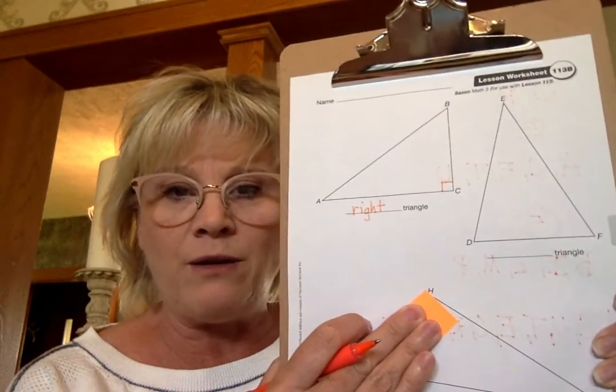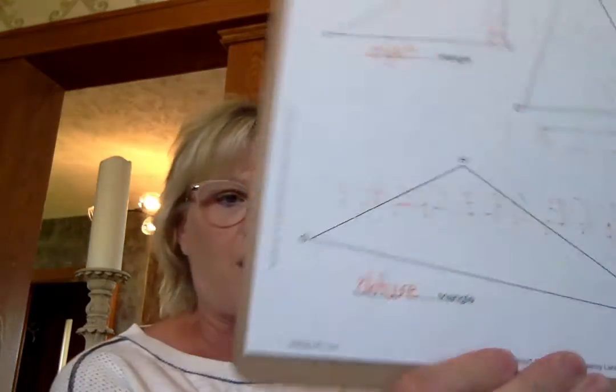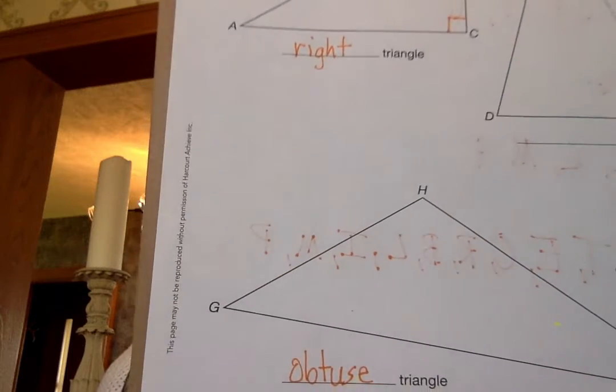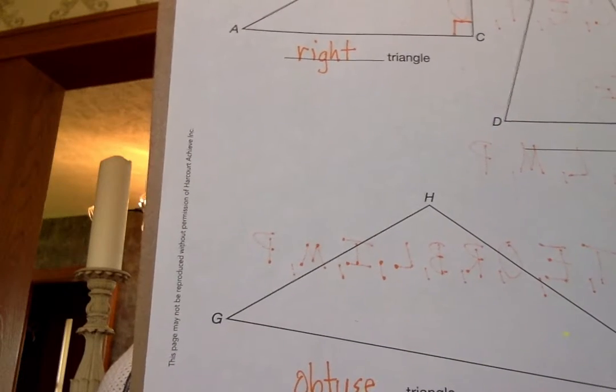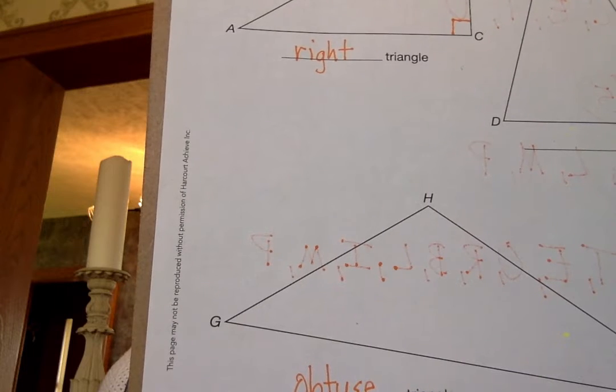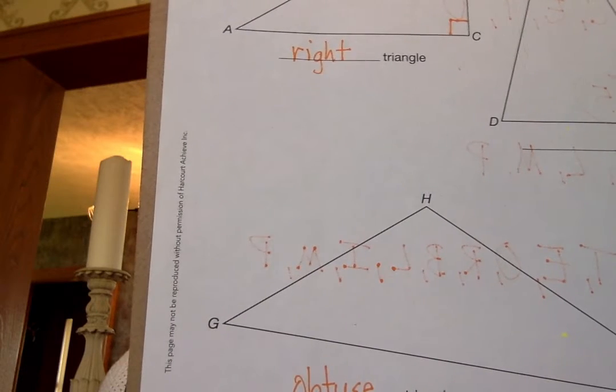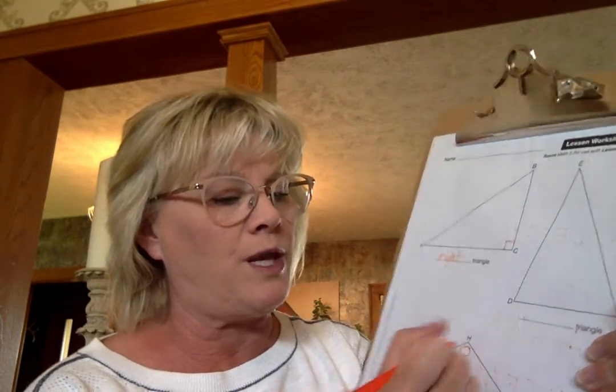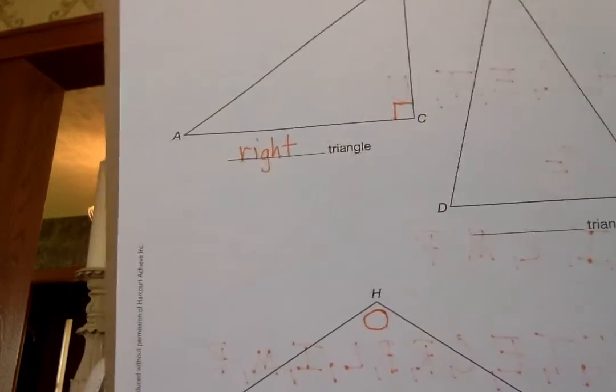And is it wider? Yes, it is. So we are going to write obtuse for an obtuse triangle. And we're going to write a capital O here for obtuse.